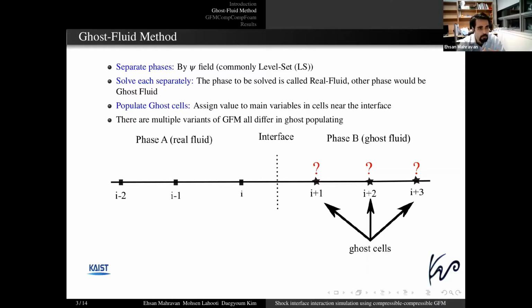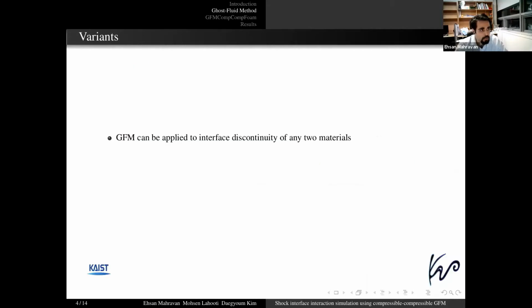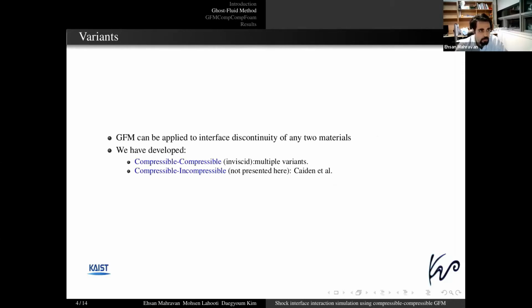Every ghost fluid method suggests a different way to populate ghost cells. So far, the ghost fluid method can be applied to any kind of interface discontinuity of any two materials. What we have developed is a compressible solver and a compressible-incompressible solver, and I'm going to present the first one here.